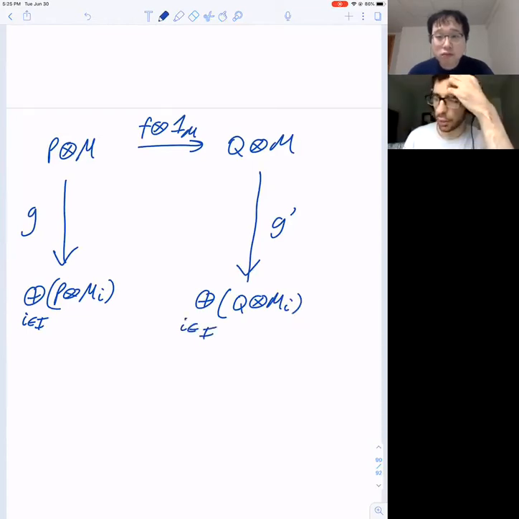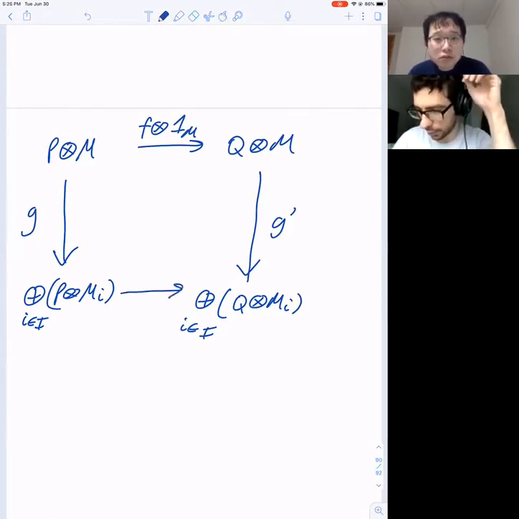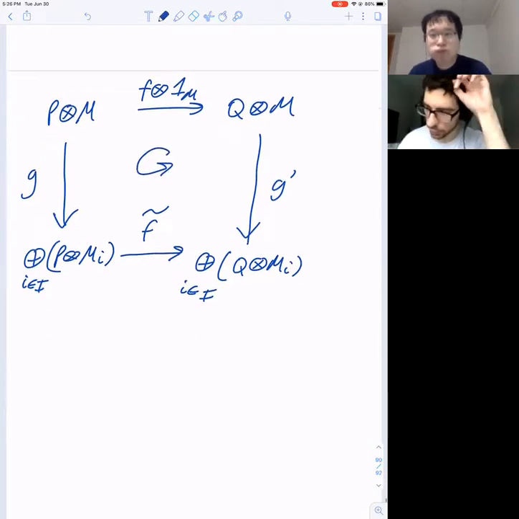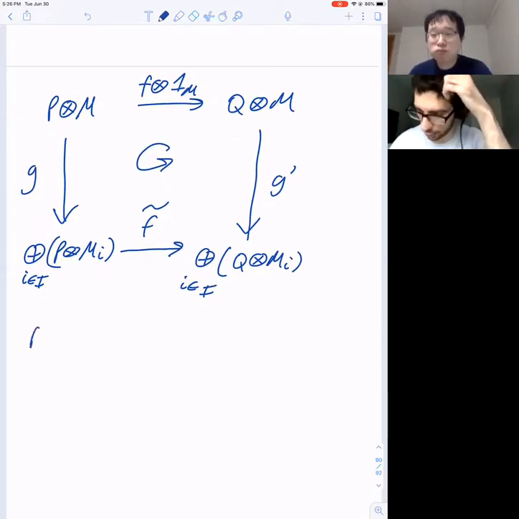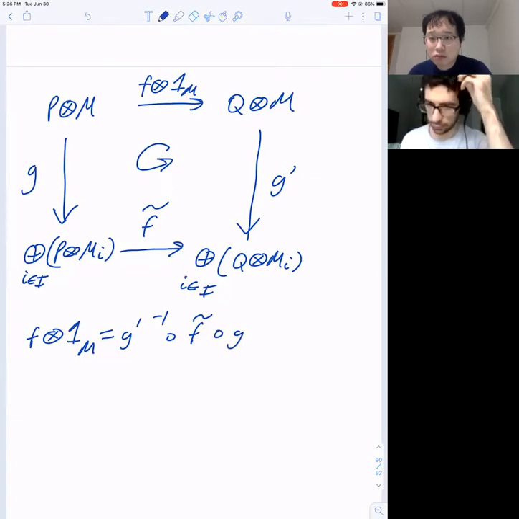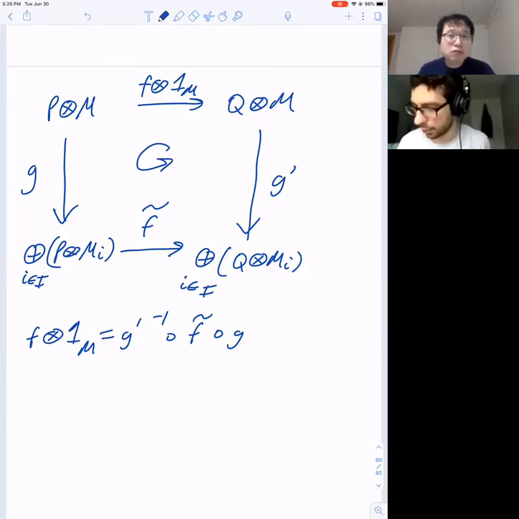How do I connect this diagram? Actually, this diagram is connected by this F tilde. This F tilde makes this diagram commute. What I'm trying to say is that F tensor 1M is equal to G prime inverse composed with F tilde composed with G. By the construction of these maps, this is just how these diagrams fit together.